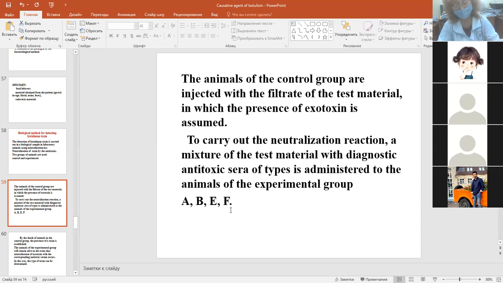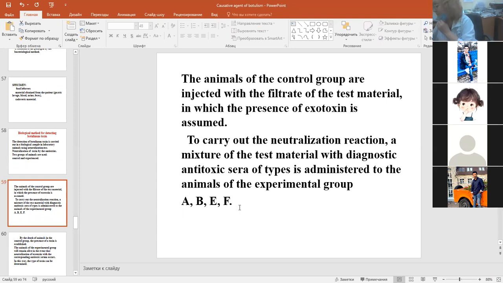I'm going to remind you, what does it mean, serum? If a preparation is named serum, it contains antibodies. In this case, we are talking about antibodies for exotoxins, monovalent sera, where antibodies are for one type of exotoxin.